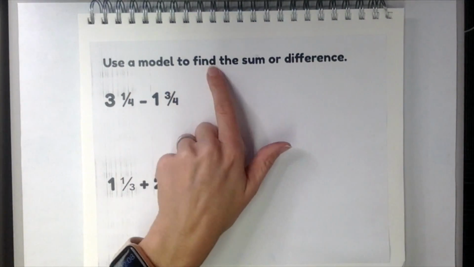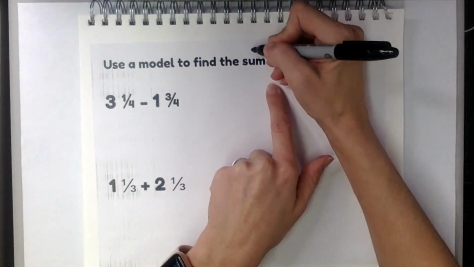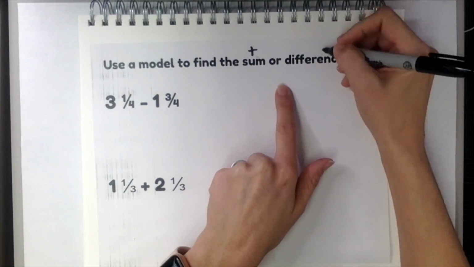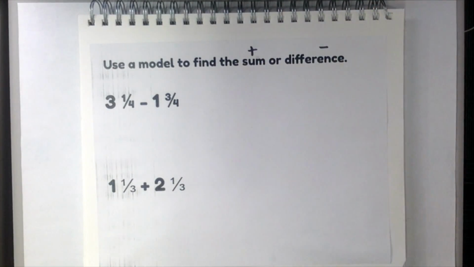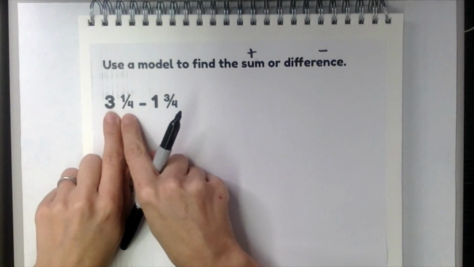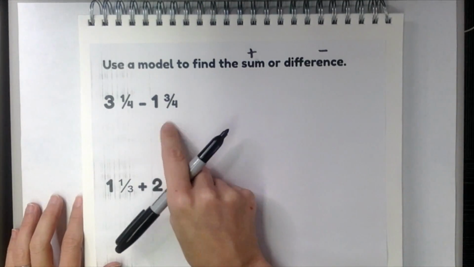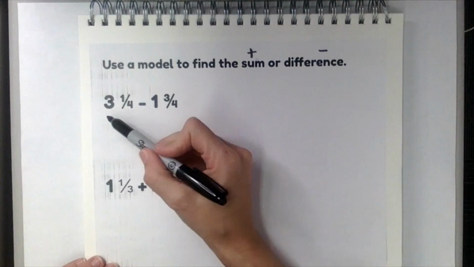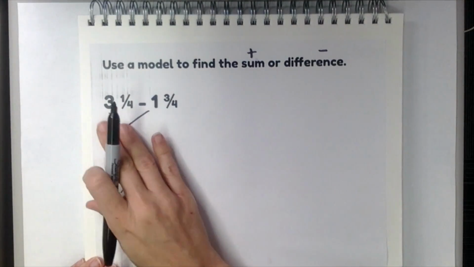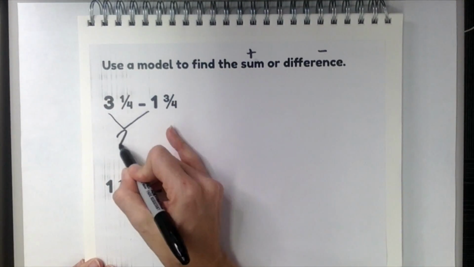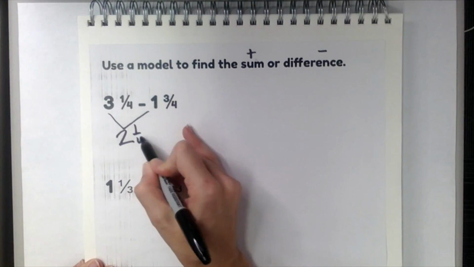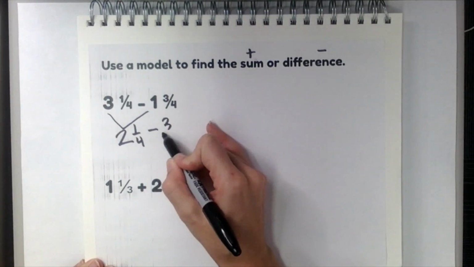Use a model to find the sum or difference. Sum is addition, difference, we could use subtraction. Let's go. 3 1/4 minus 1 3/4. These are mixed numbers. I'm gonna start by first subtracting the whole numbers, and I'm gonna get 2 1/4 minus 3/4.